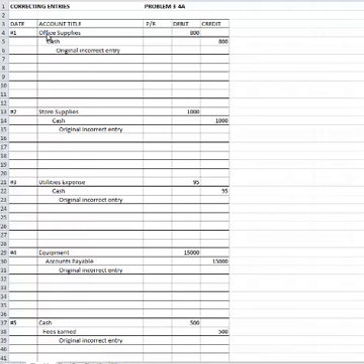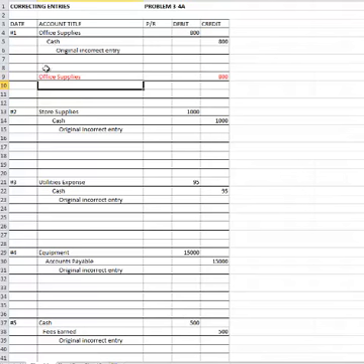So we're going to have to get rid of this debit to office supplies for 800. And the way you get rid of a debit is you credit it. So we'll come down and credit office supplies. Okay, and we're going to credit it for the amount we originally debited it for.